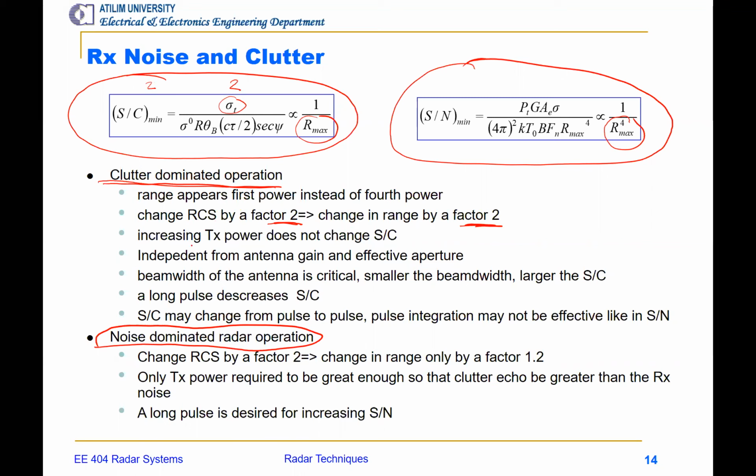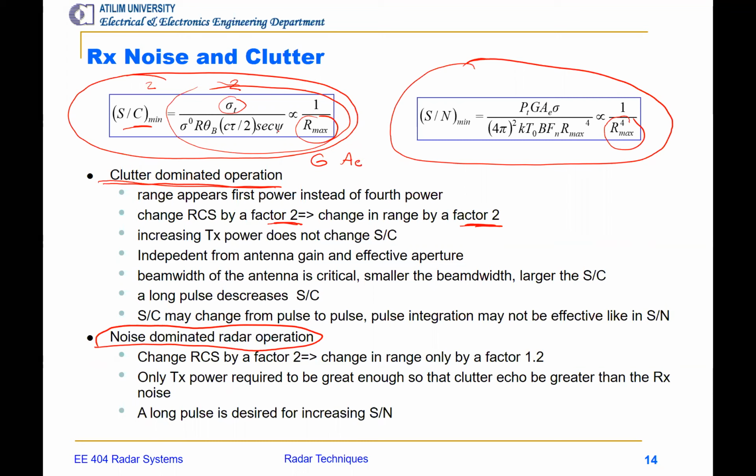While increasing TX power does not change S over C, there is no transmitting power in this equation. So it doesn't matter whether you increase the transmit power or not, there is always the same signal to clutter ratio. And moreover, this S over C is independent from the antenna gain and effective aperture. So we do not have gain and effective aperture of the antenna in this equation.